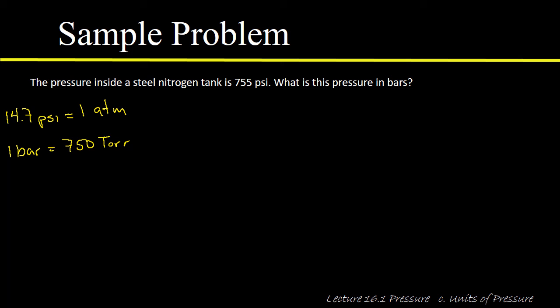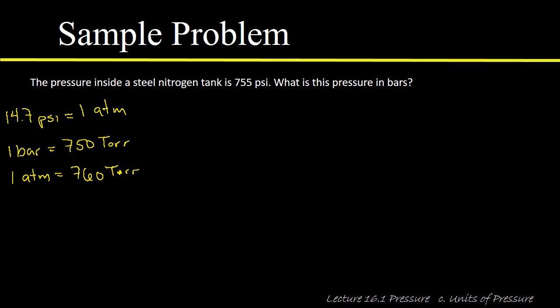So the last thing we need, I hope you will recall, that 1 atmosphere is 760 torr. Okay. And this will allow us to go from psi to atmospheres, from atmospheres to torr, and then from torr to bar. Okay, so let's write this out.